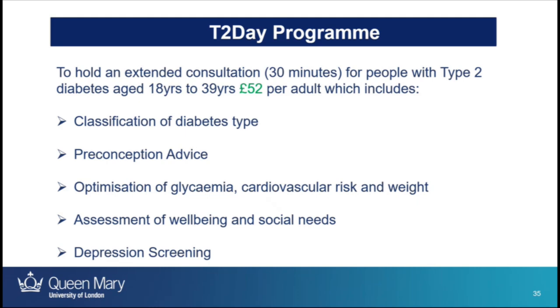So this was an extended consultation, a 30-minute appointment that should be offered to patients with type 2 diabetes aged 18 to 39, and it would be £52 per adult, which would include clarifying the diabetes type, preconception advice if they fall within that age range, looking at the cardio risk and weight management and referring them on to any weight management programs as you feel necessary, assessment of their well-being and social needs, and also a depression screening.